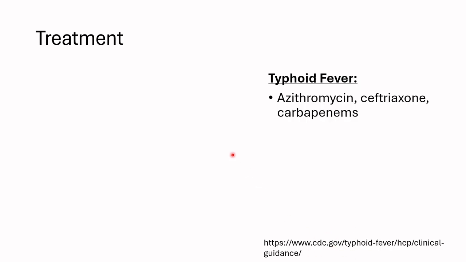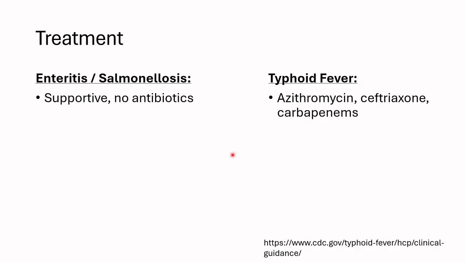And then importantly, for the Salmonella enteritis, just for the regular salmonellosis, the treatment recommendation is actually supportive therapy, but don't give antibiotics. The reason for this is probably mainly because those Salmonella, in the gut lumen, at the gut epithelium, are not just fighting against the immune system, but they are also competing with other bacteria that are there.